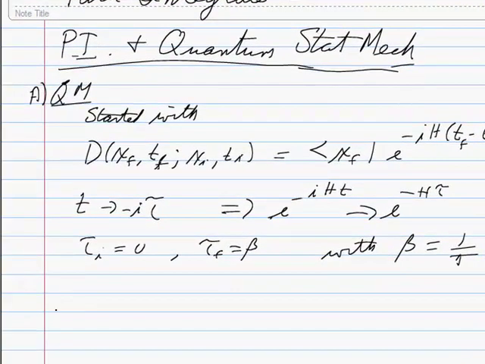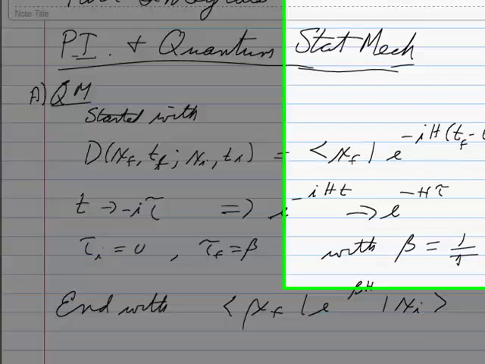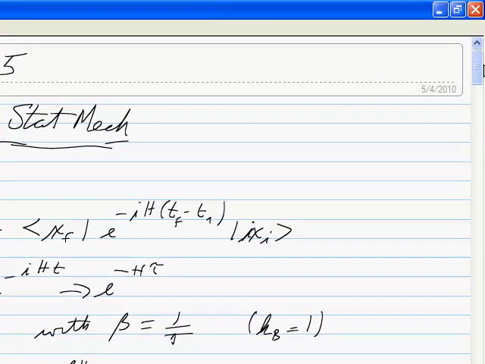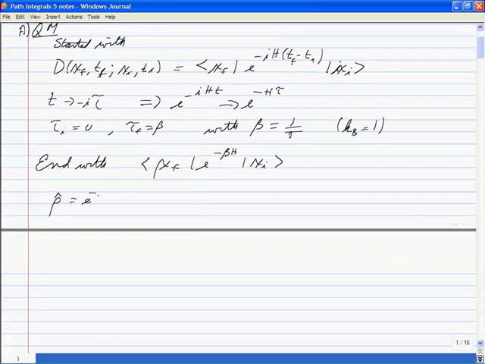Then you end up with <x_f| e^(-beta H) |x_i>. Okay. Well, that's the coordinate space representation of the density matrix. So rho hat is e to the minus beta H, the density matrix.